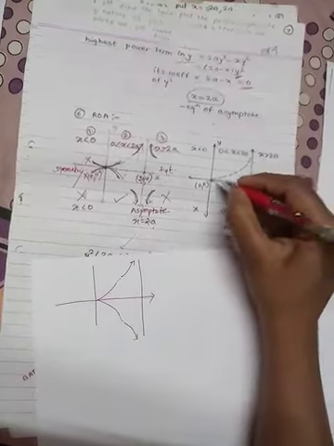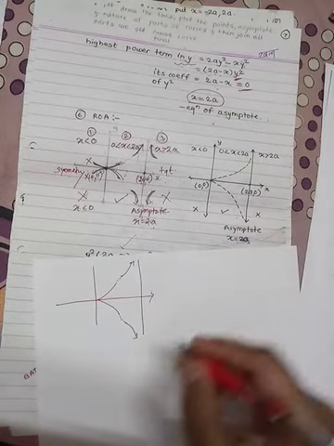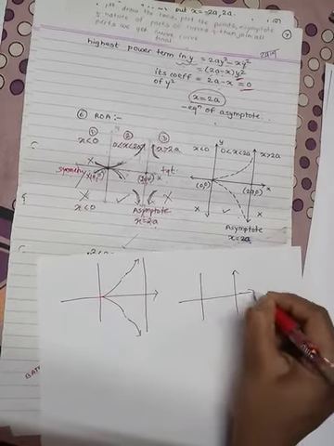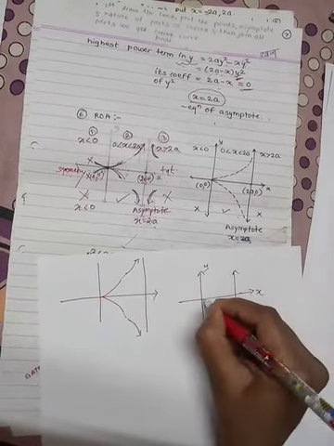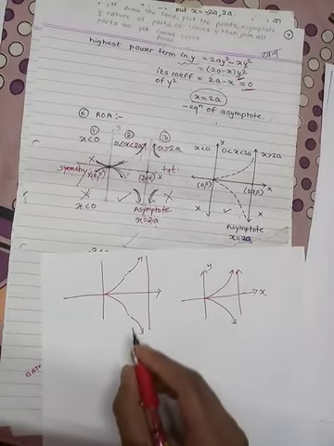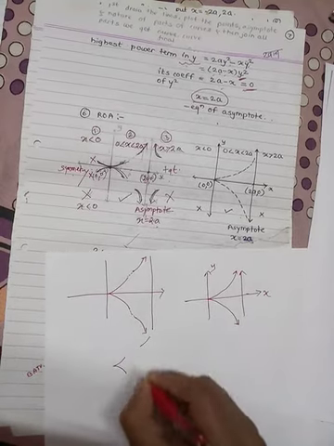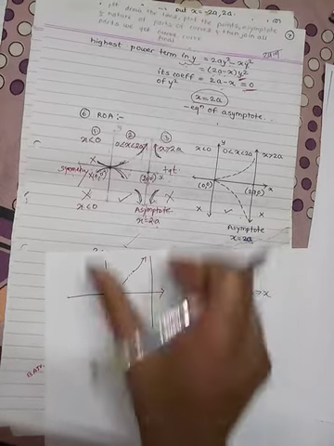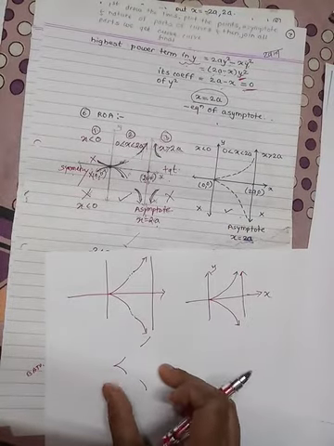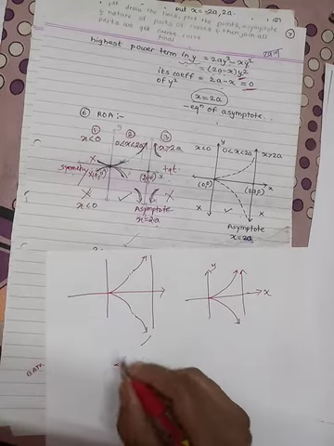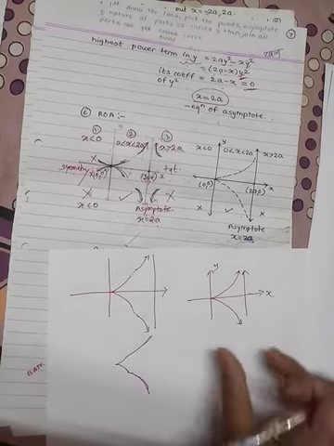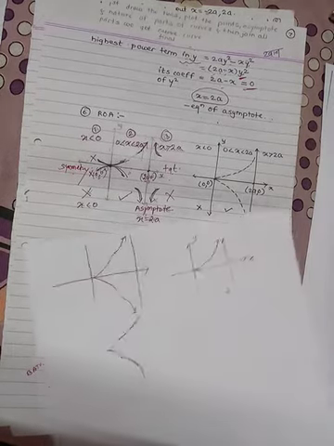So the curve is like this. This is your curve, because we get only this part and this part. So in the rough curve we get the parts, sections of the curve, but in the final curve we have to join these parts. Now we get the final curve. So this is your final curve.